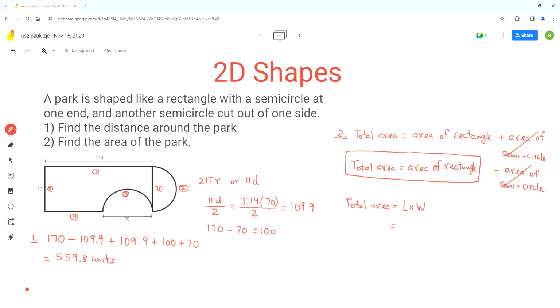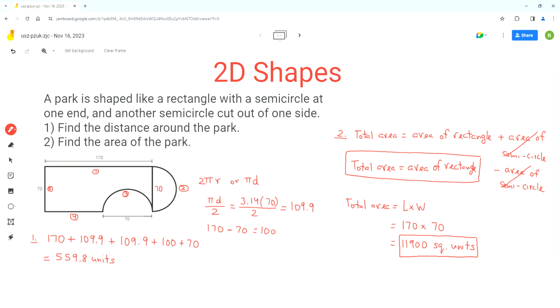The length of this rectangle is 170 units and the width is 70 units. Now we can multiply these numbers. 170 times 70 is equal to 11,900 square units. So this should be the final answer for the area of this park.